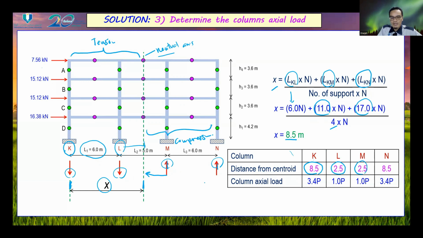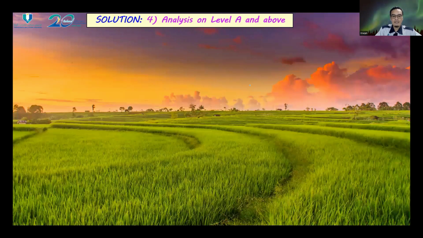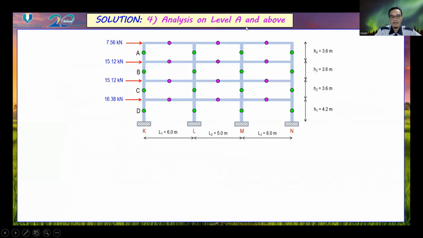And column N to the centroid is equal to 8.5 meter. So for the ratio of axial load of every column, we can use this method. 3.4 is actually from 8.5 divided by 2.5, and then we get 3.4. And this one, 1.0, is 2.5 divided by 2.5.